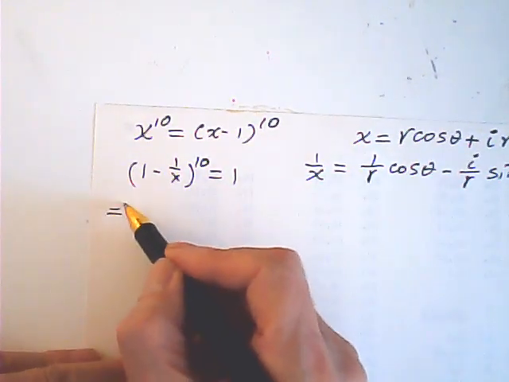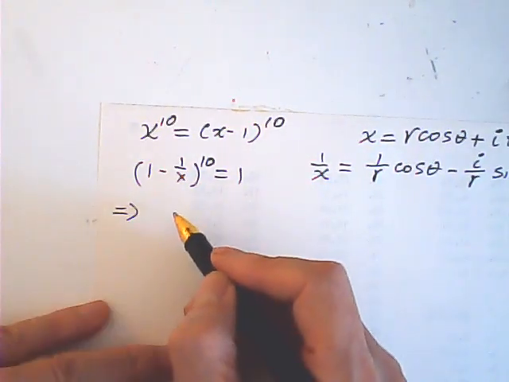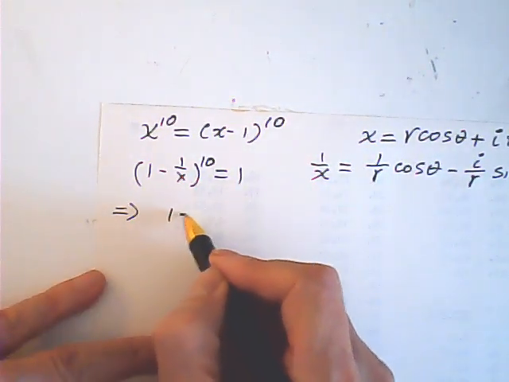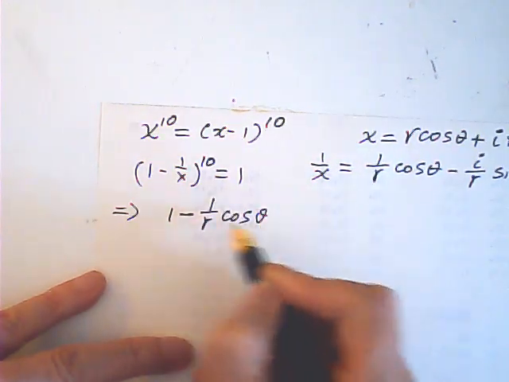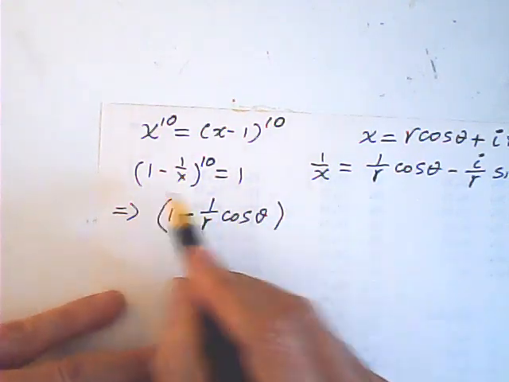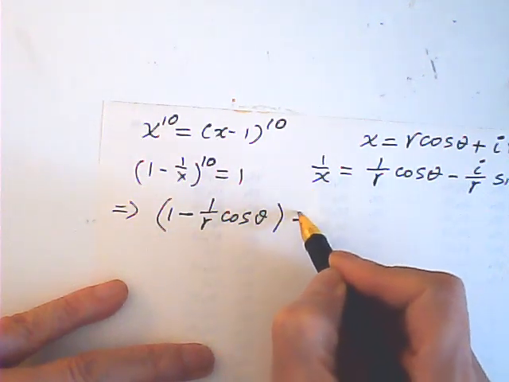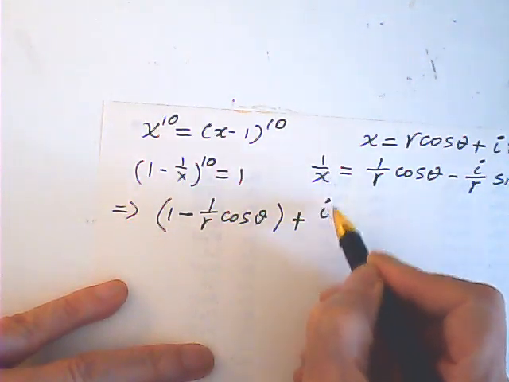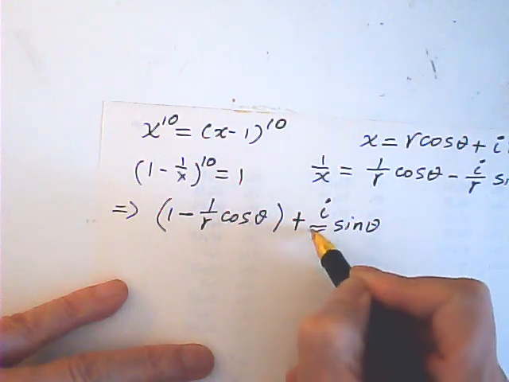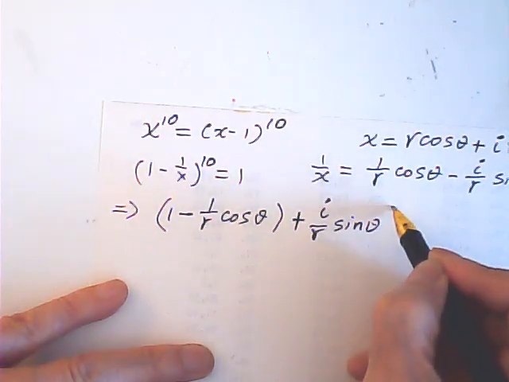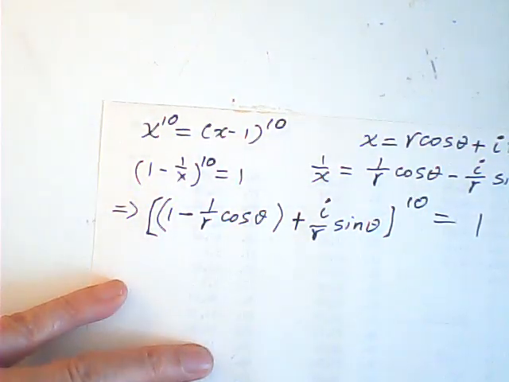So 1 minus that, 1 minus 1 over r cosine theta will be the real part, plus i over r sine theta, to the 10th power equal to 1.